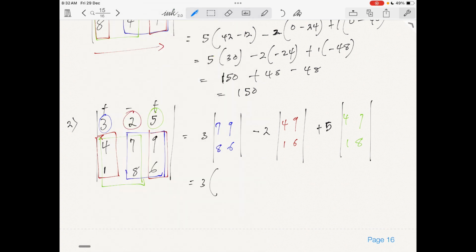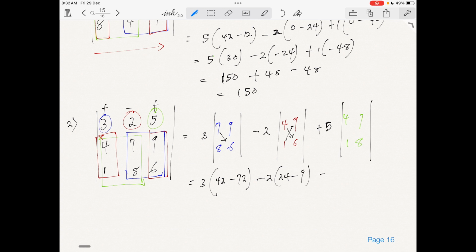We take the leading diagonal. The leading diagonal in this case is 7 times 6, which is 42, minus 9 times 8, that's 72. Minus 2: we take the leading diagonal first, 6 times 4, that's 24, minus 1 times 9, that's 9.